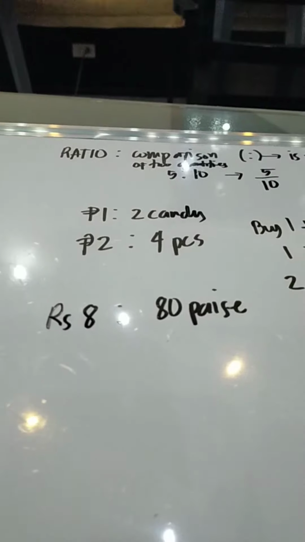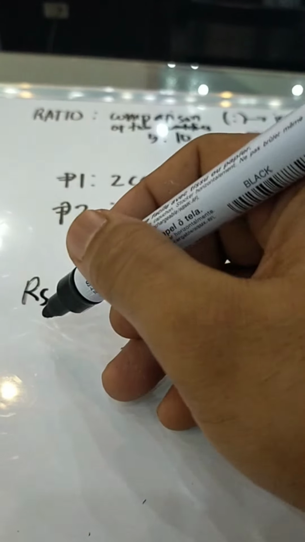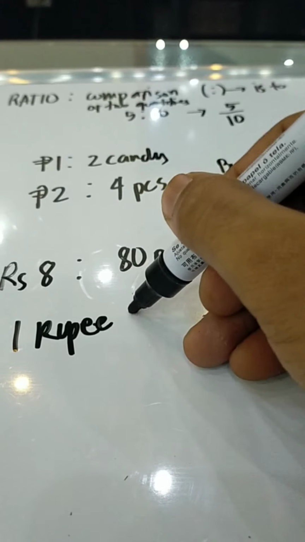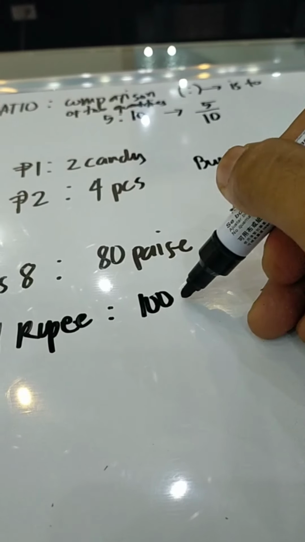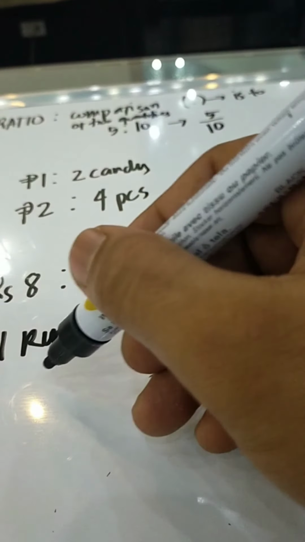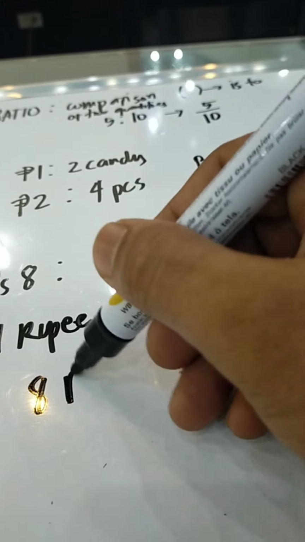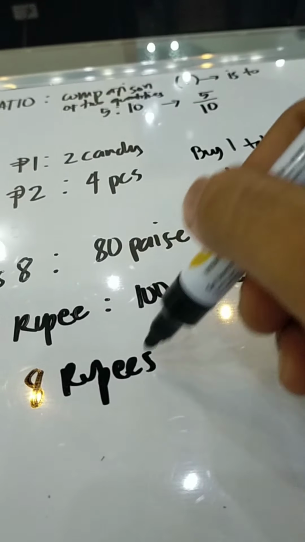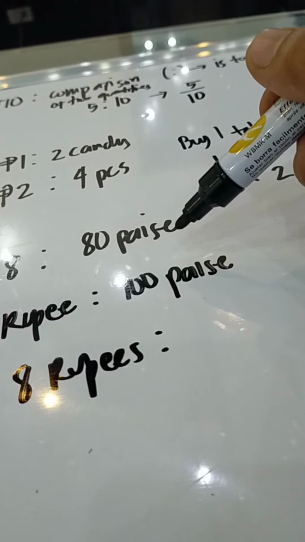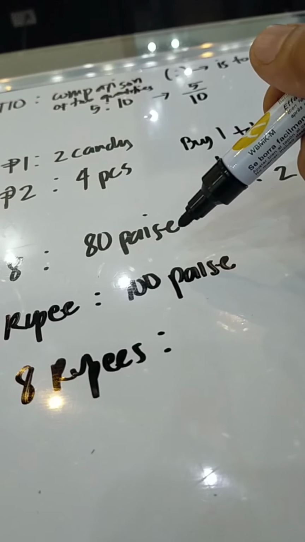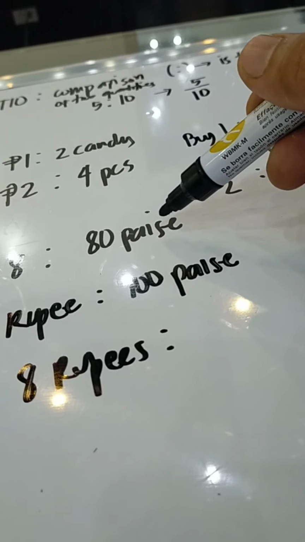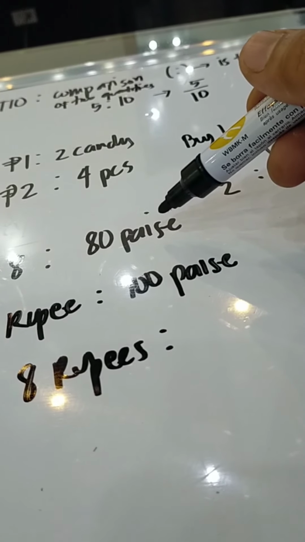So, halimbawa dito, ang 1 rupee is equal to 100 paise. Thus, we have 8 rupees, 80 paise, that is what? How many rupees do we have?